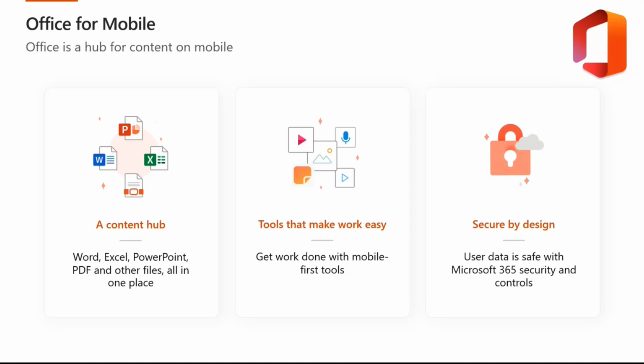Every tool that you can think of that would make productivity easier for our users is something that we are envisioning for Office Mobile. And being a Microsoft 365 app, it's secure by design. The user data, everything, is secured here. So that's the basic overview of what Office Mobile does.